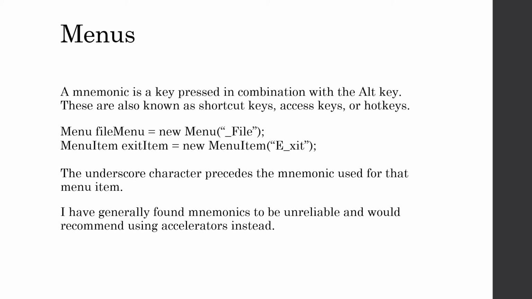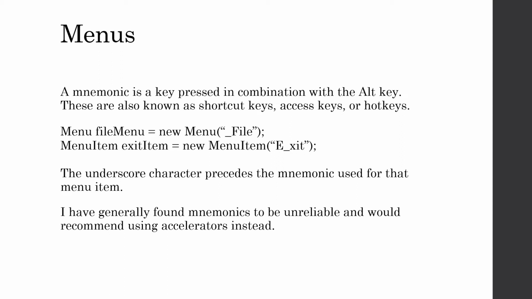Whenever you're constructing your menu or your menu item, you can use an underscore character somewhere in the name that you give it. You see in the string for the file menu, it's got an underscore and then File. For the exit item, you see an E, an underscore, and then the rest of Exit. That underscore precedes the mnemonic that's going to be used for that menu item.